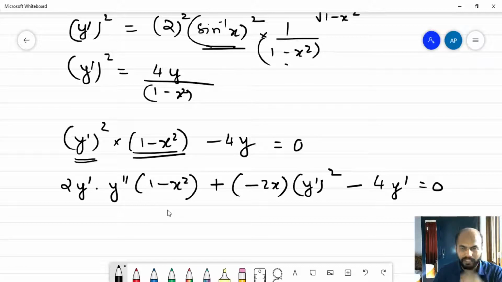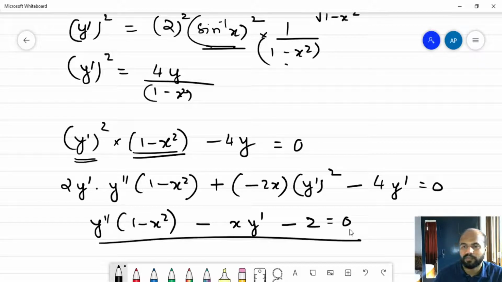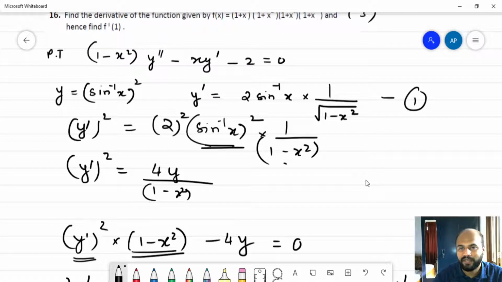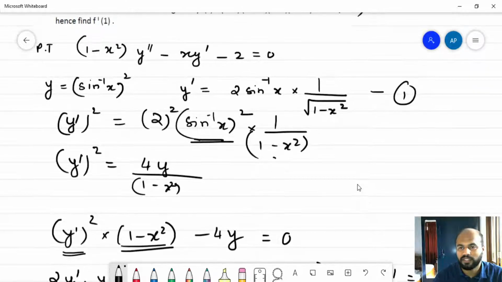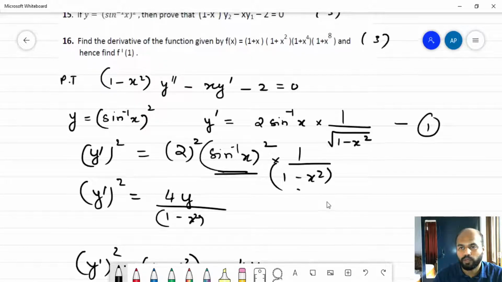Overall, you can clearly see that 2 is going to be divided throughout and y dash taken out common. So overall what we have is y double dash into 1 minus x square minus x y dash minus 2 is equal to 0. That is what we have. And I guess that is what we have to prove. So precisely we have been able to prove that. So this is a problem for 3 marks. And once you do this, you have achieved what you want.